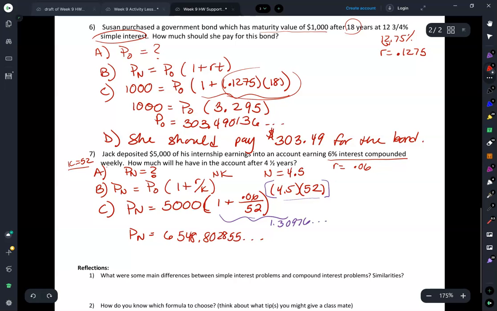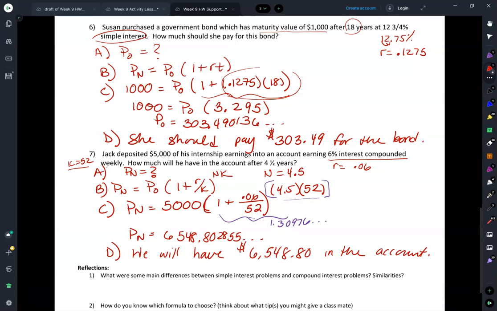You don't have to go out that far. I'm just trying to show you the full thing so you can see how it matches up with yours. And then my answer would be he will have $6,548.80 in the account. And that'll be after 4.5 years, but you can just be brief with that.